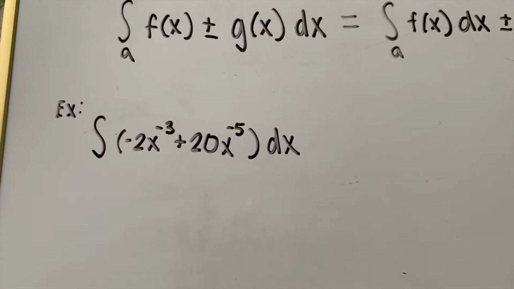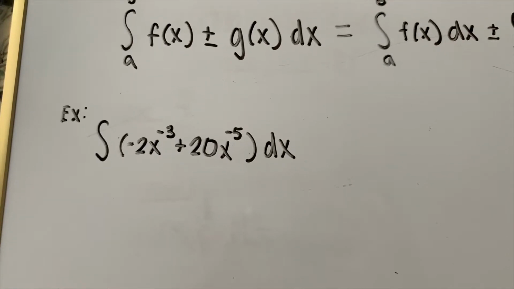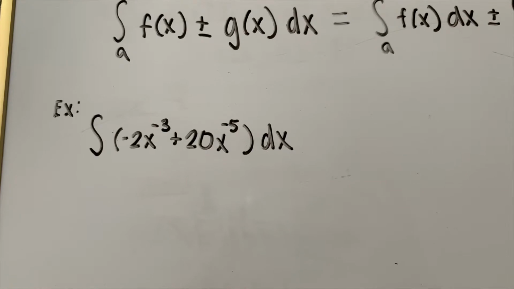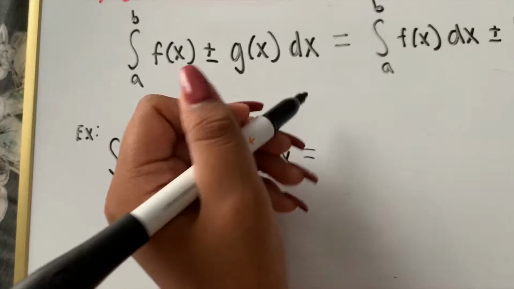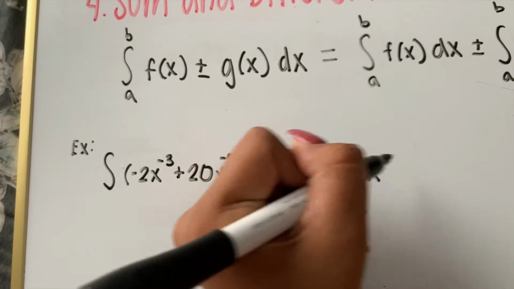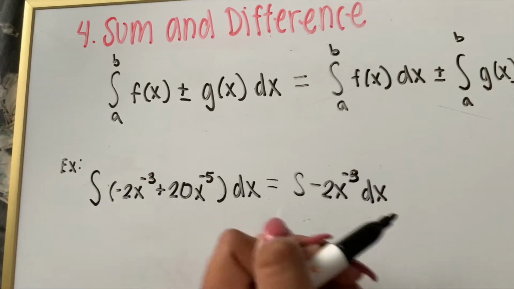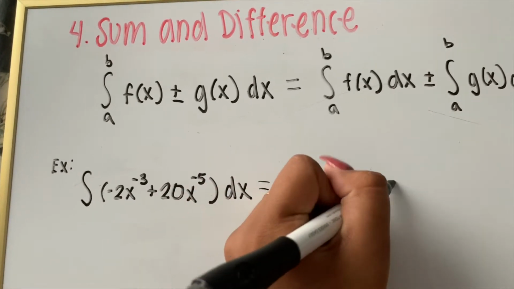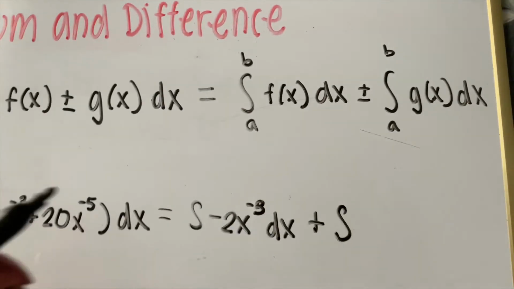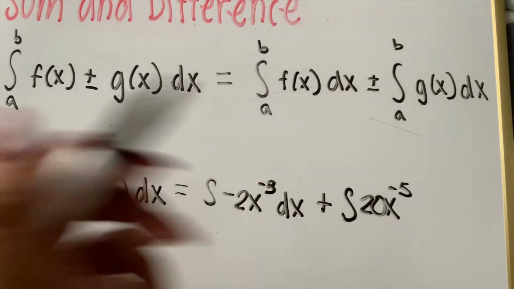In this example, we are given the integral of -2x to the power of -3 plus 20x to the power of -5. We rewrite it as the integral of -2x to the power of -3 dx, and since we're adding, plus the integral of 20x to the power of -5.